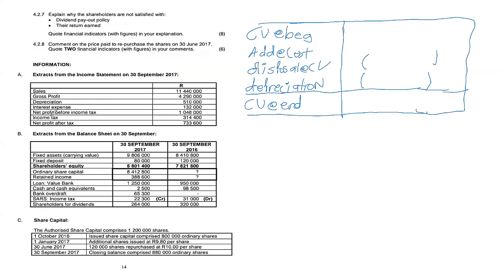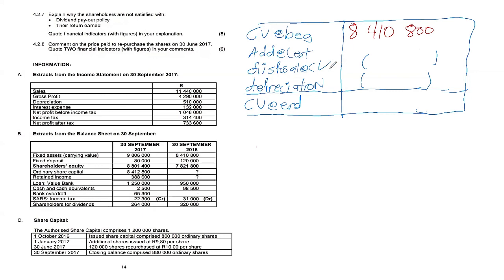Now, again, when you check your balance sheet, 2016, carrying value at the beginning was 4,810,000.